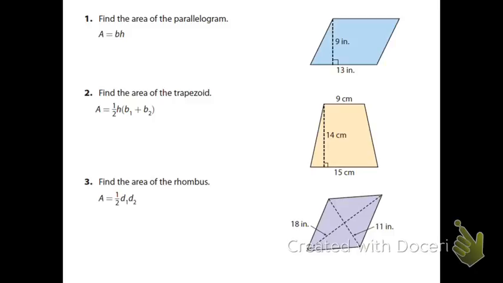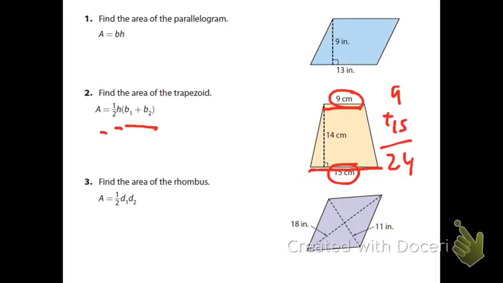Now, that's how they came up with the formula. Now let me show you the formula. Base 1 plus base 2 times the height times 1/2, or 1/2 height times the sum of base 1 plus base 2. So this is one of the bases, this is another base. So I'm going to add these together.